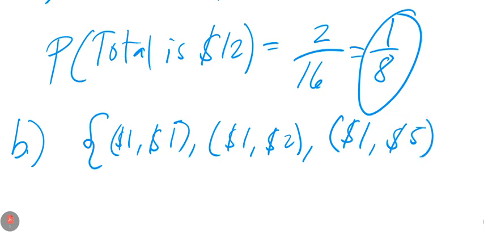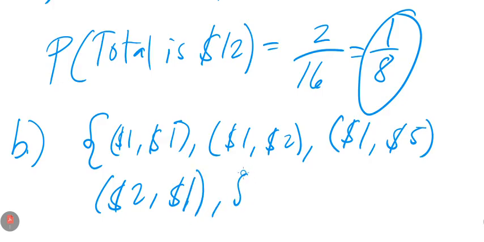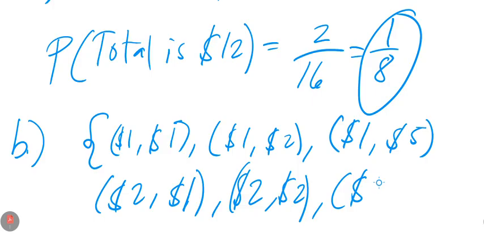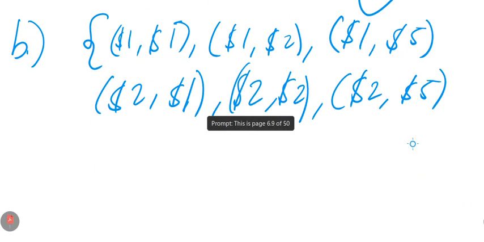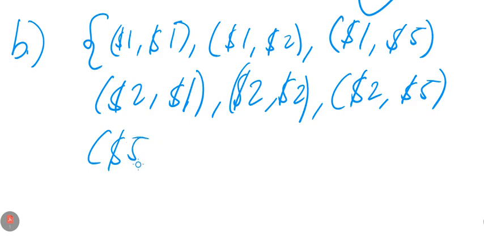Next we have $2 and $1. Next one we have $2. Next one is $2, and then we have $2 and $5. Next we have $5 and $1.